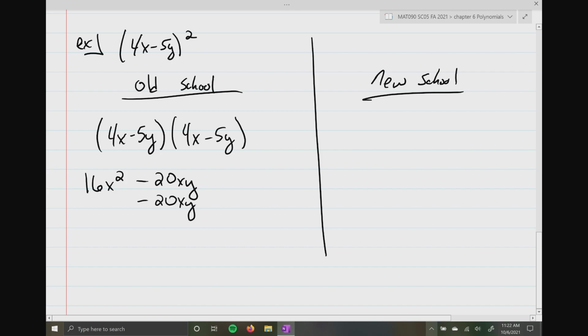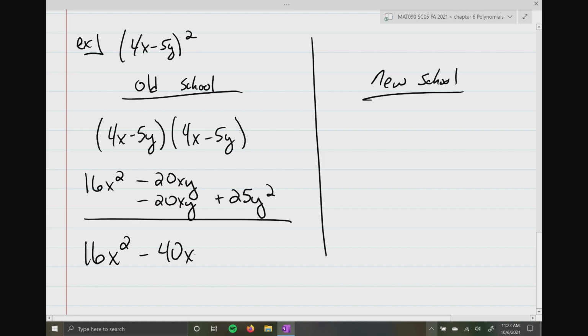Again, I just put them in order. And then negative 5y times negative 5y is going to be positive 25y to the second. When we group everything together, we're going to get 16x squared minus 40xy plus 25y squared.